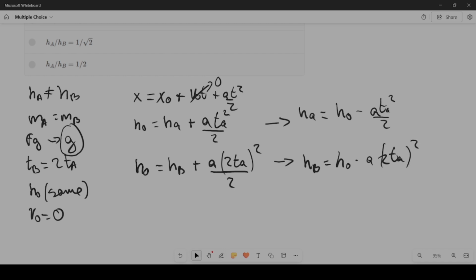Now for simplicity, you can say that the ground is height equals 0. So this is 0, this is 0.